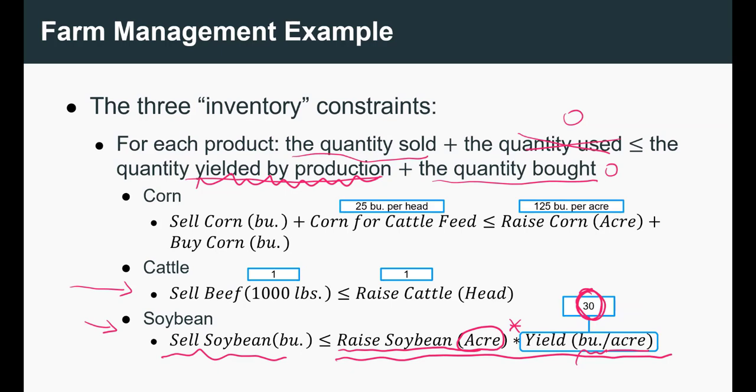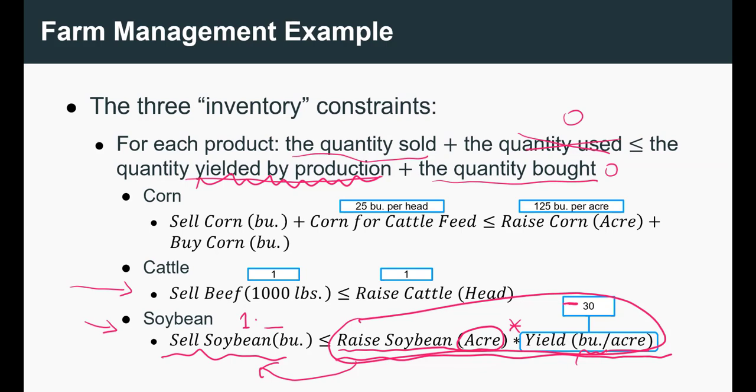So here is 1 times the quantities sold, and this side is 30 times the acres used to raise soybean. If you move this whole term from the right-hand side to the left-hand side, then you add a negative sign in front of this 30.